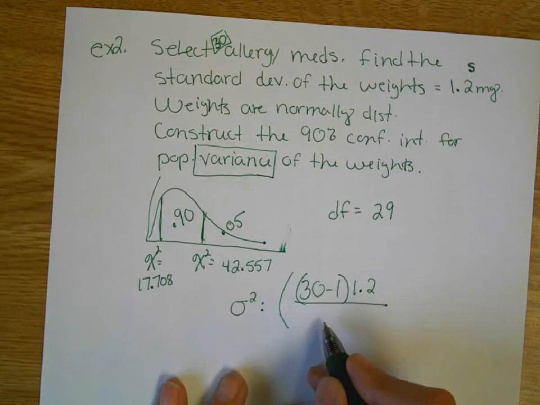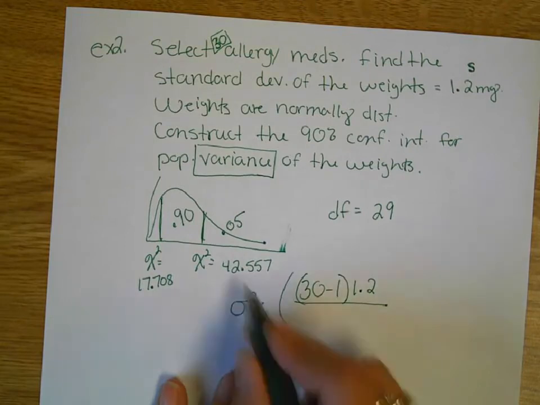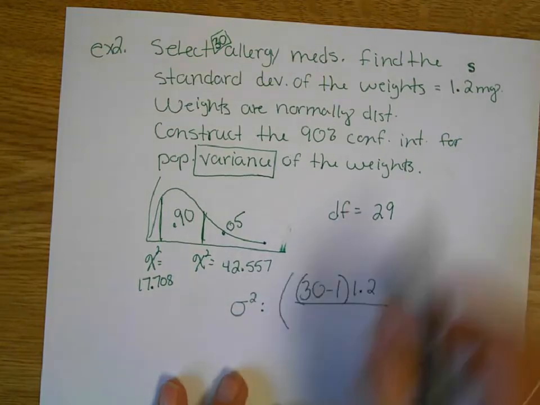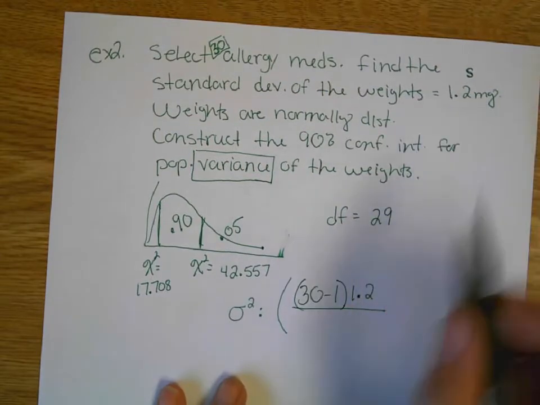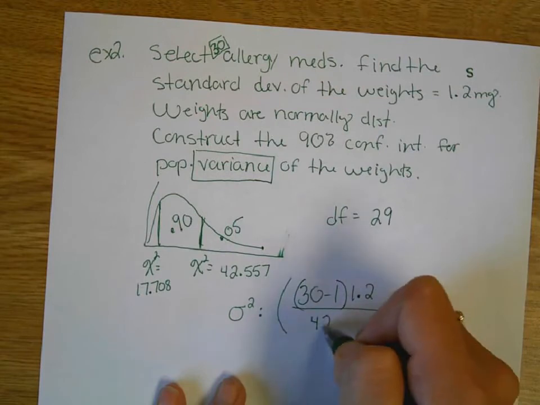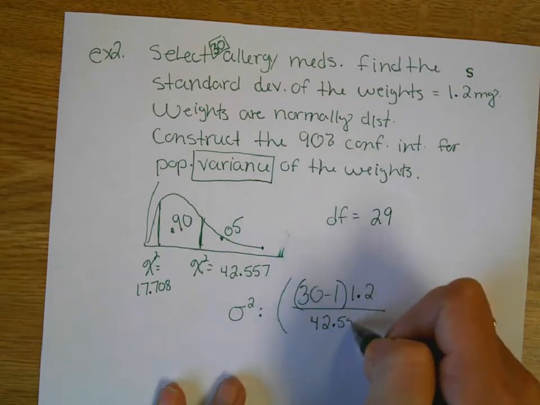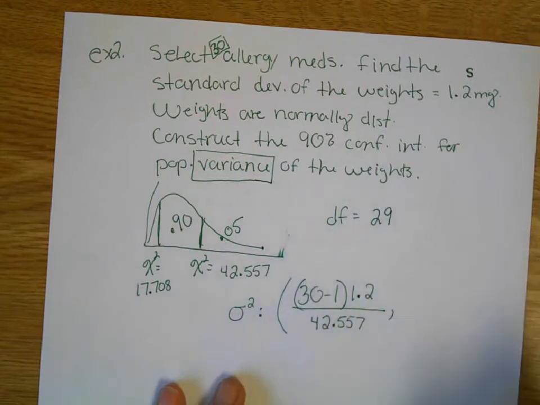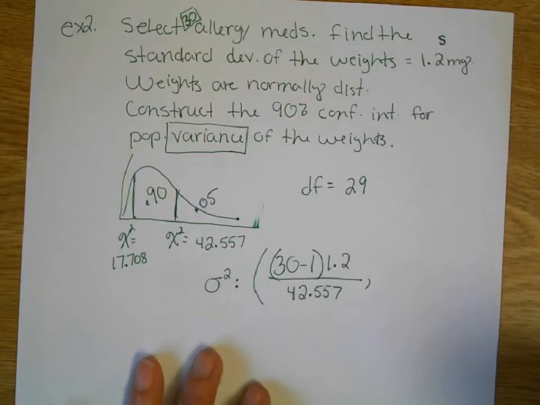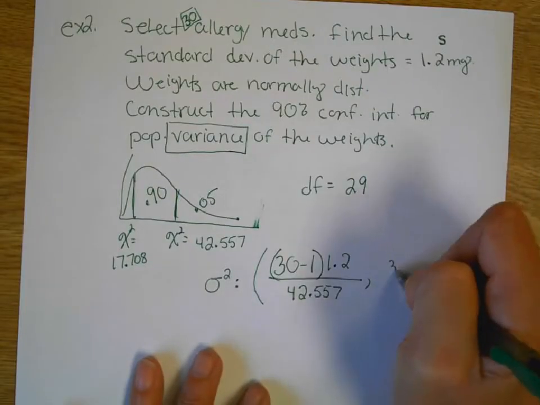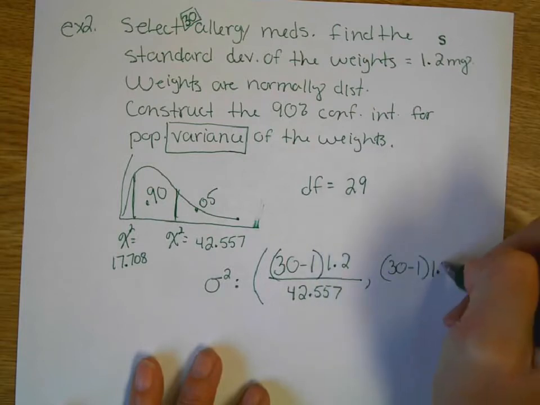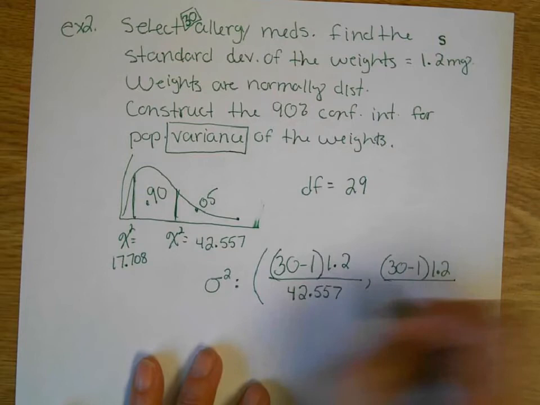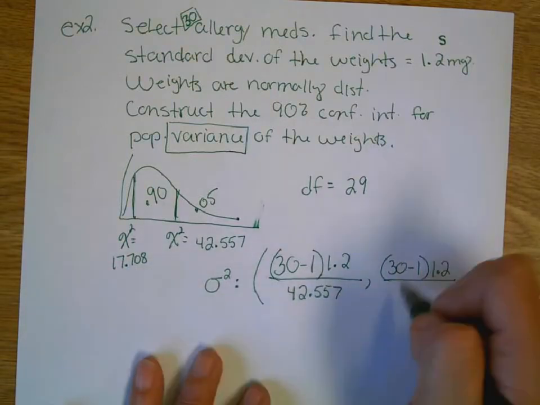We want the chi-squared right value here. 1.2 or 1 times 2? 1.2. And then the other side of the interval, numerator stays the same. Denominator is the other chi-squared value.